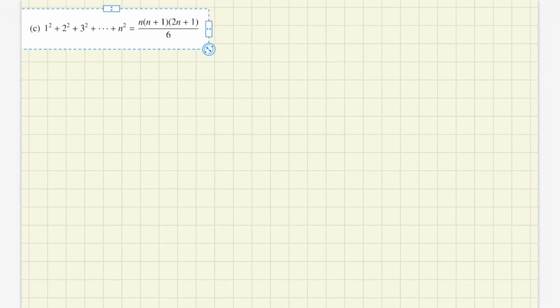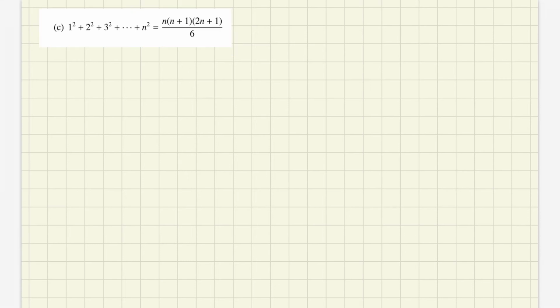Let P sub n be the statement, and then we just rewrite the statement: 1 squared plus 2 squared plus 3 squared plus ... plus n squared equals n(n plus 1)(2n plus 1), all over 6.